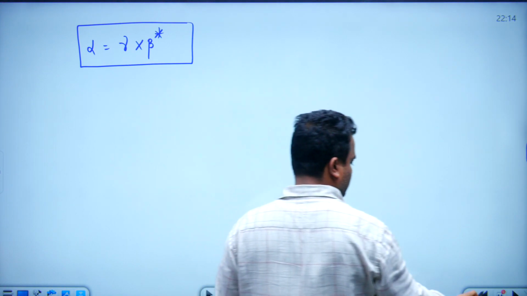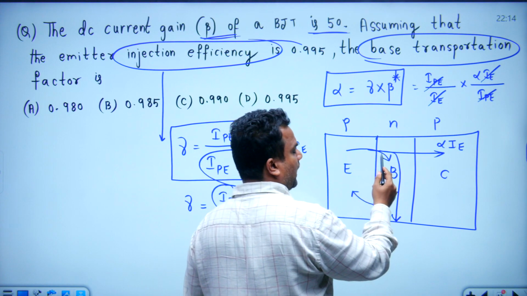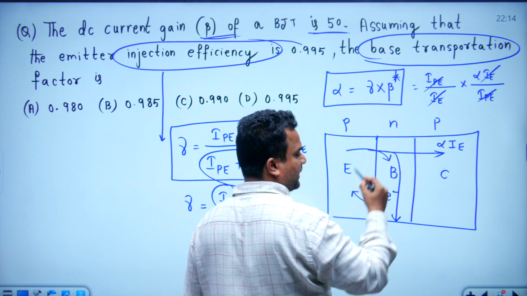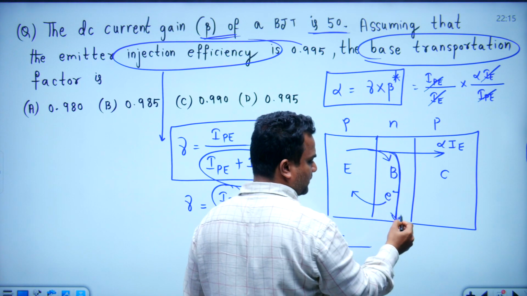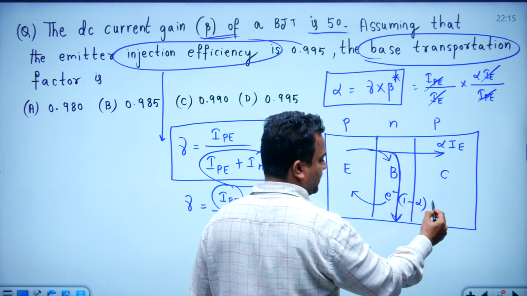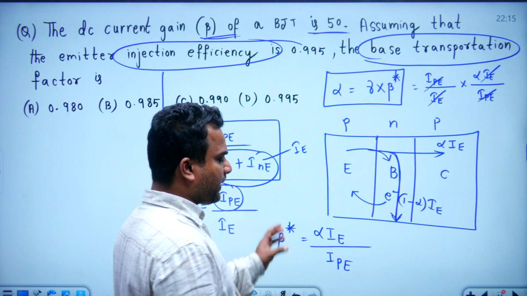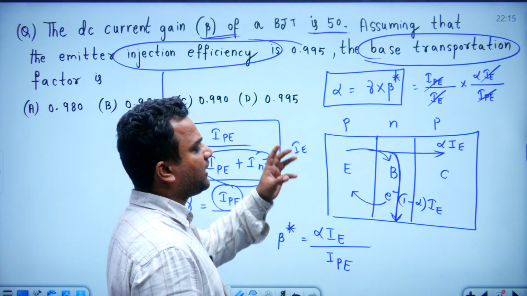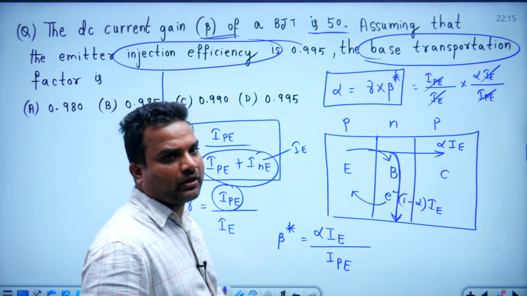Remember, whatever the current is out from the recombination is alpha IE, and this recombination current we assume as 1 minus alpha into IE. If you take 1 minus alpha into IE plus alpha IE, minus alpha IE plus alpha IE gets cancelled, you will get IE only.